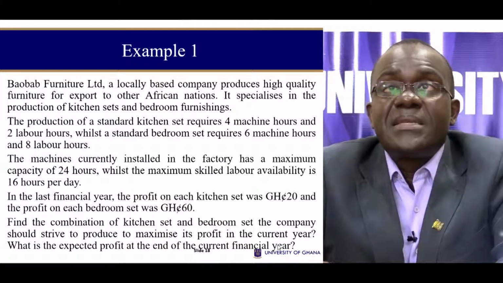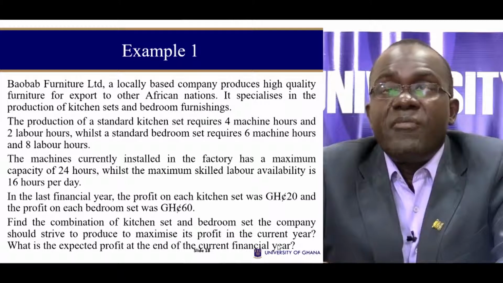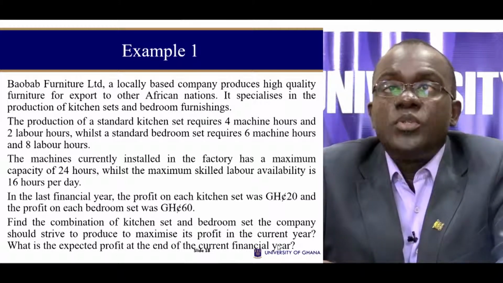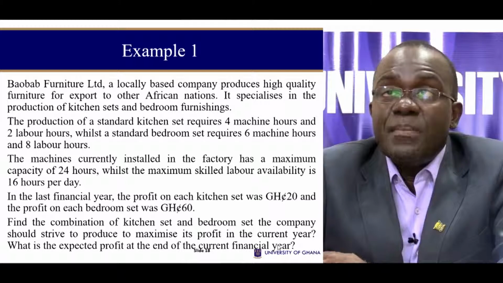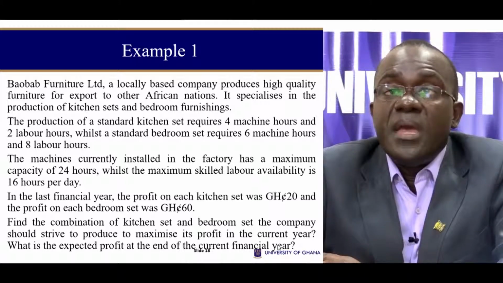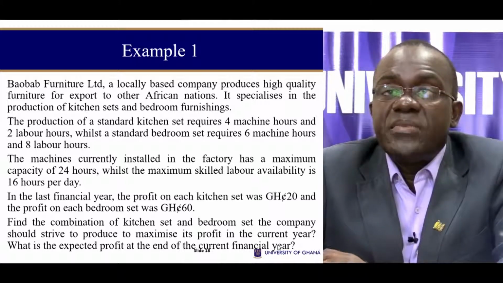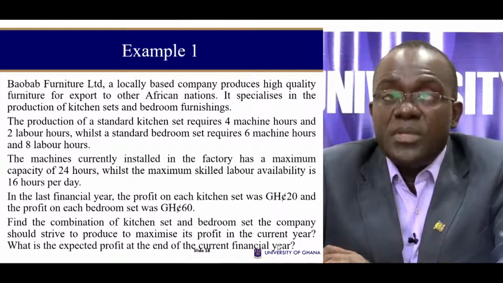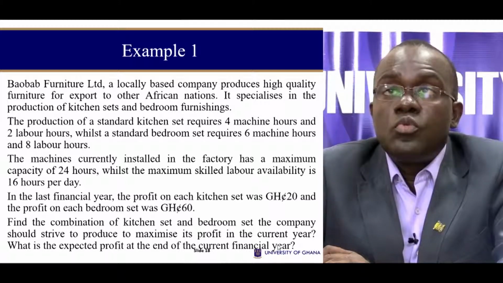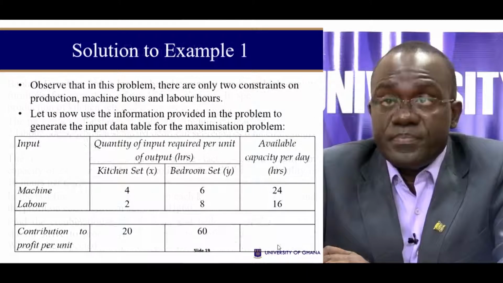If you look at this example, it's about a furniture company that produces a certain output using labor, using machines, and the combination in which it uses those machines. Our objective is to know how it has to allocate time in the company according to this labor and machines to be able to maximize.